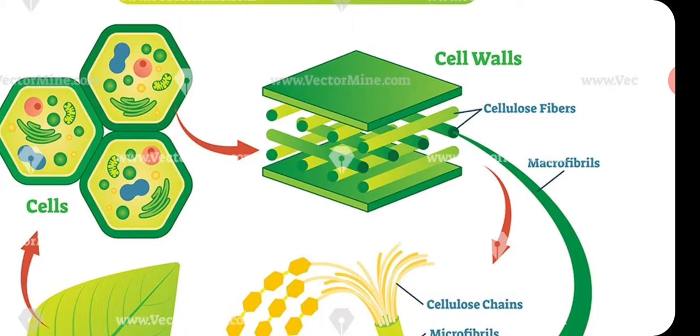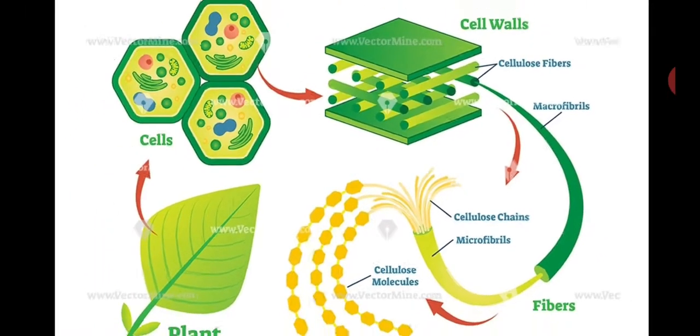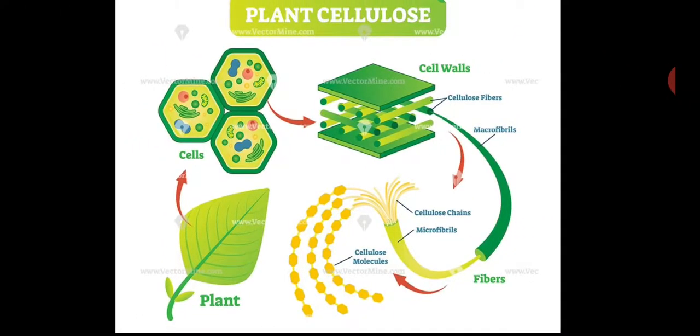Altogether they form a matrix. In the matrix, cellulose fibrils and hemicellulose are embedded. So this is the cell wall material. This is one of the important slides.